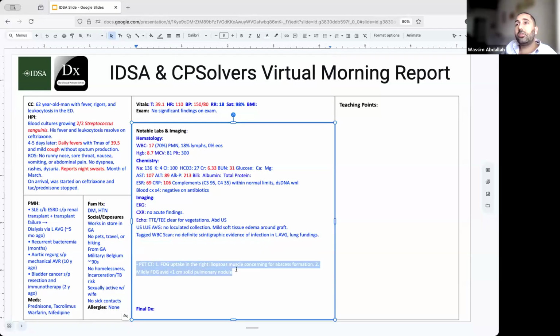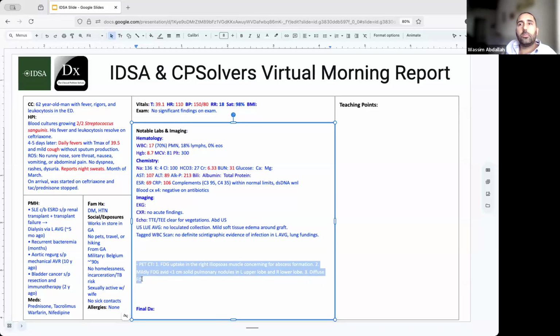But next to the right hip, within the right iliopsoas muscle, there was this increased FDG uptake, centrally hypodense, concerning for abscess formation per the PET CT read.